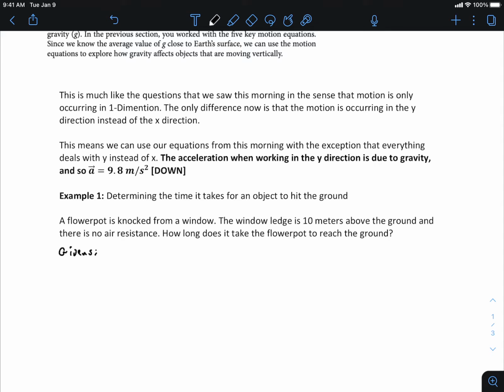You can say, okay, well, right off the bat, I know that the acceleration, remember acceleration, which we'll see this morning as well, or we would have seen yesterday, acceleration is a vector, right? It has a magnitude, and it will have a direction as well, right? In this case, acceleration is acting downward, right? So you could have negative 9.8 meters per second squared. Okay.